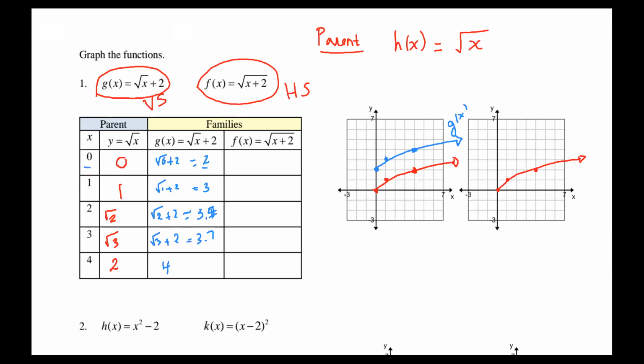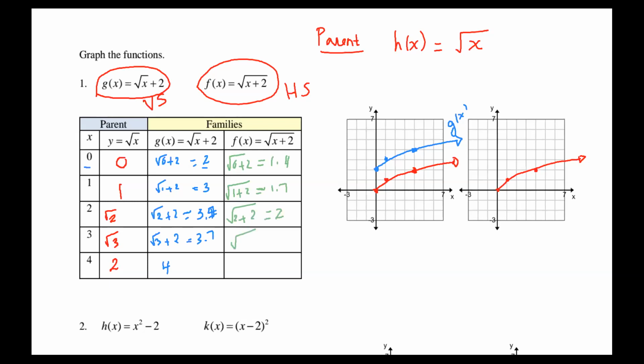Next, I'm going to use green for this one. So this is going to be square root of 0 plus 2, which is going to be 1.4. Next, square root of 1 plus 2, which is, everything is approximation, 1.7. Then square root of 2 plus 2 is going to be 2.